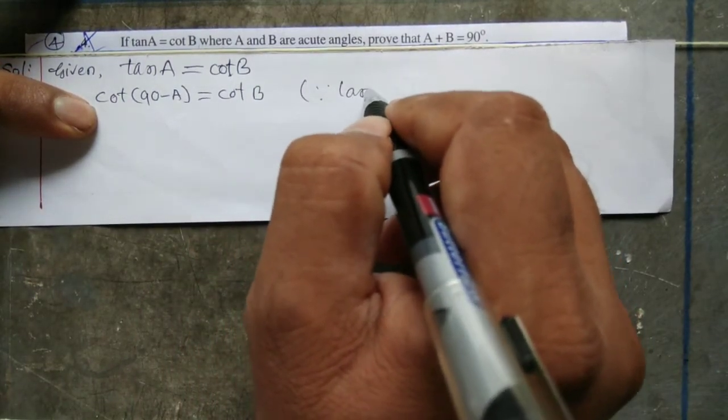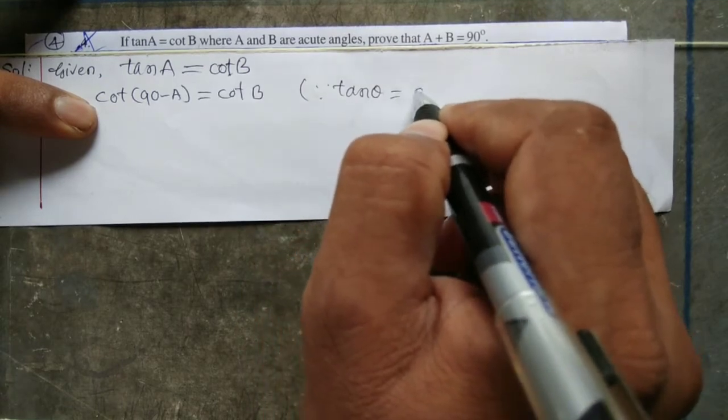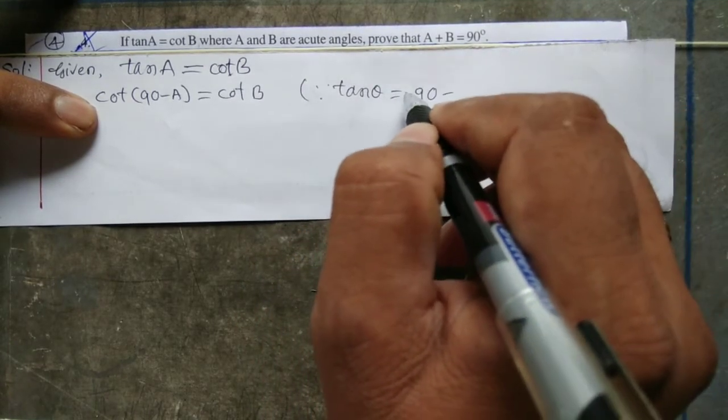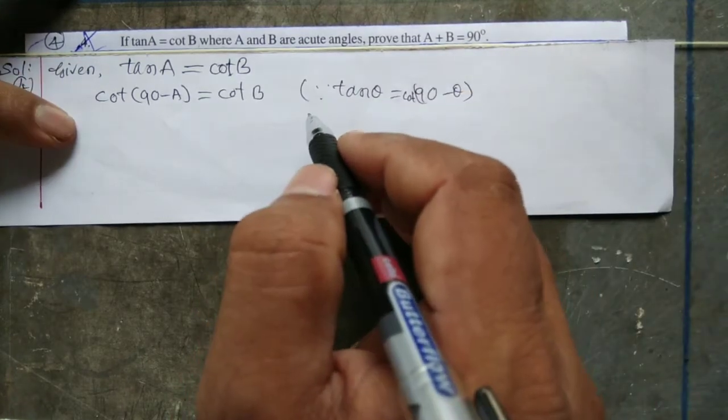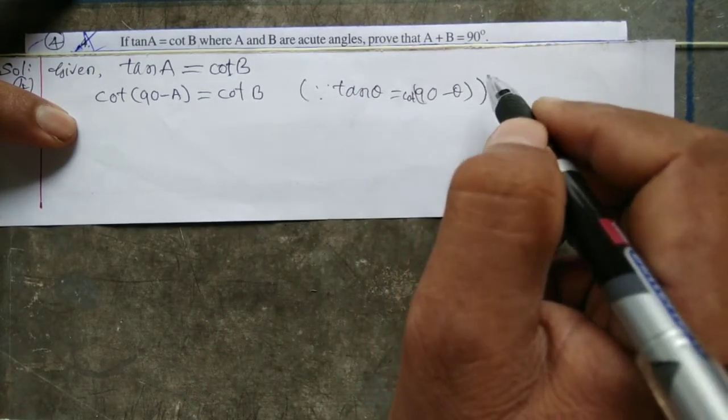Tan theta is equal to cot 90 minus theta. So this is the formula.